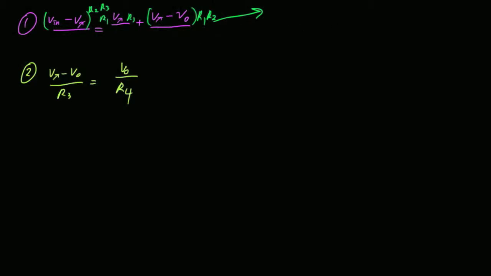Holy cow, well, this is turning into a mess. Maybe I should do an intermediate step just to tidy this up. So let me just distribute everything. So I've got R2, R3, V in. Is that right?